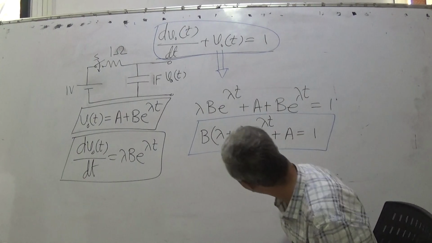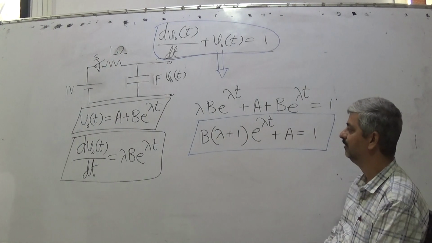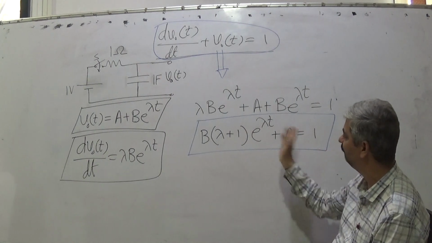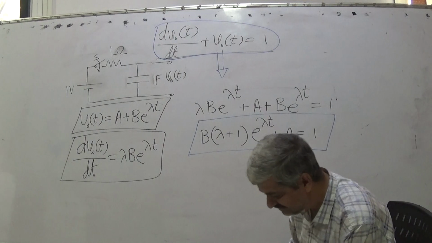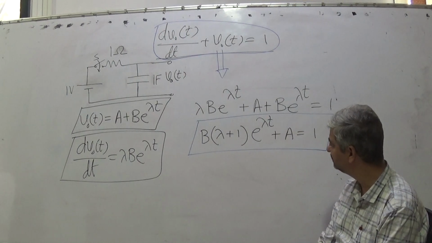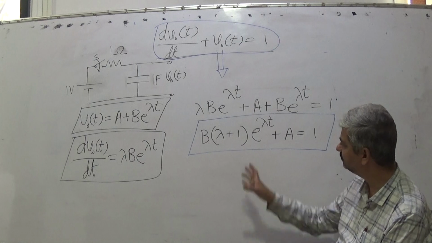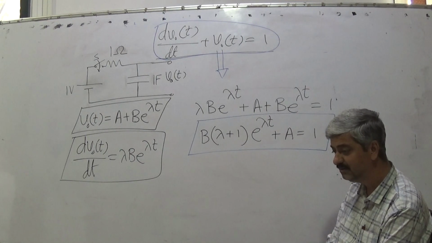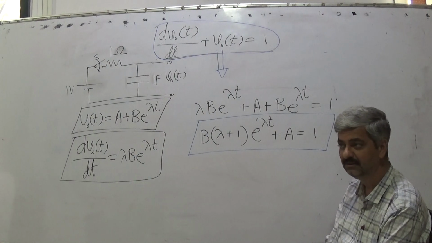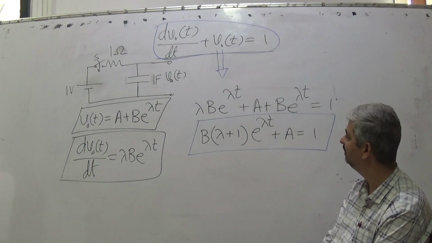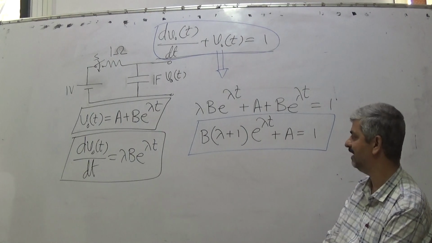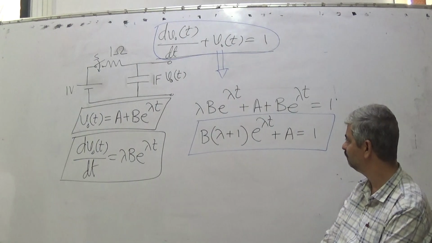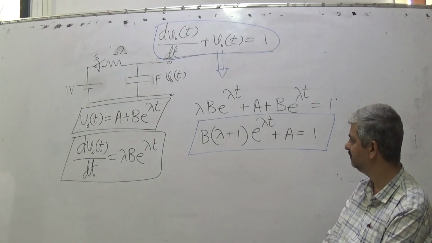Now when will this be fulfilled? From this, can you find A, B and lambda, all three? You have to find all three. So how to find them? There are different ways to find it.